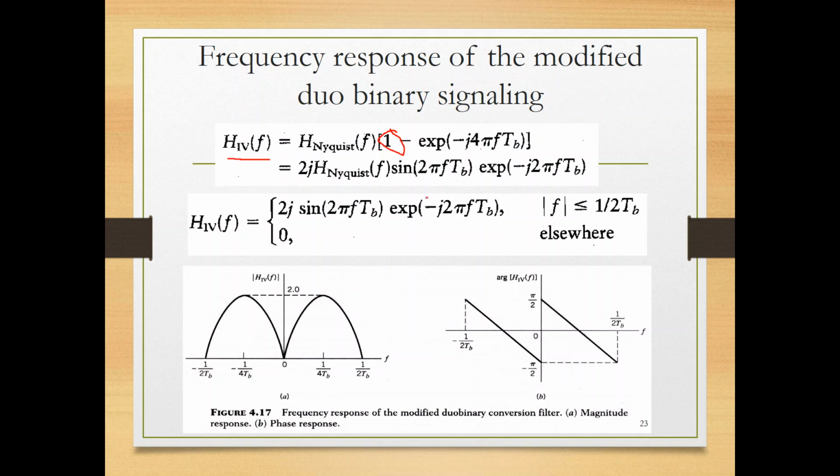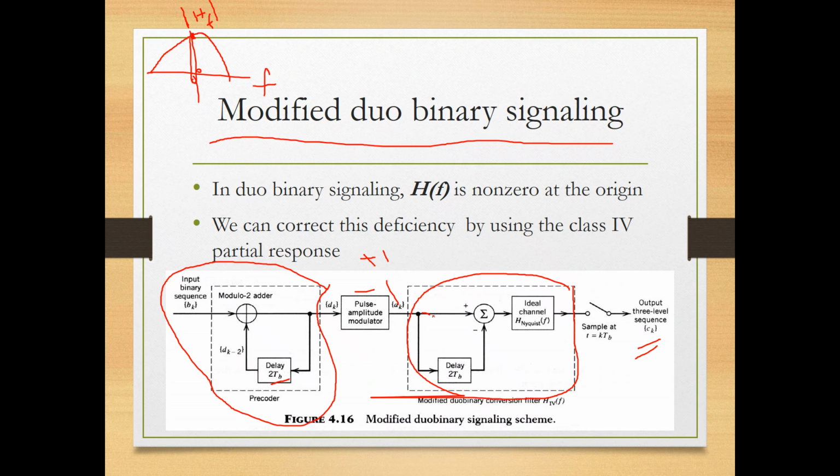1 comes from this line. You don't have any delay, it's direct. And the exponential comes from this delay, 2T_b. You delay by 2T_b. Delay in time equals phase shift in frequency. Fourier transform from signals and systems, yes? You know this.